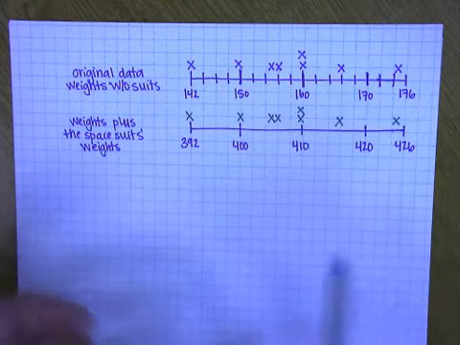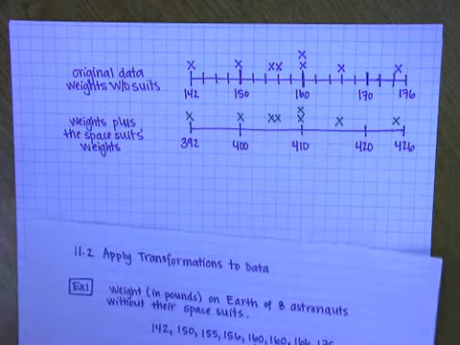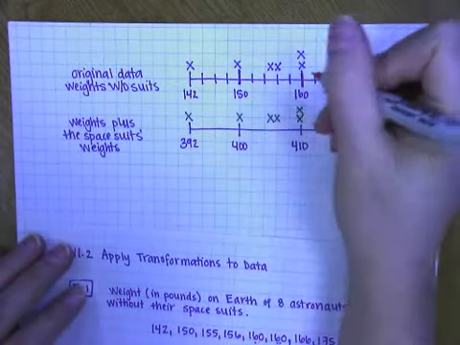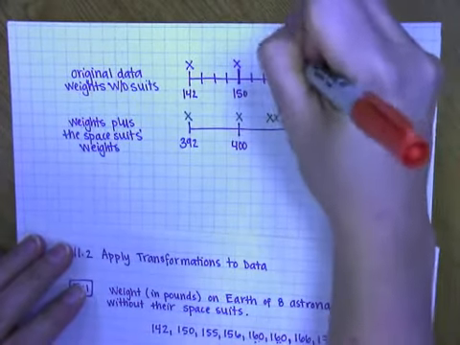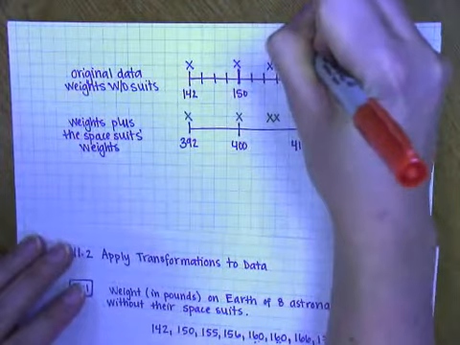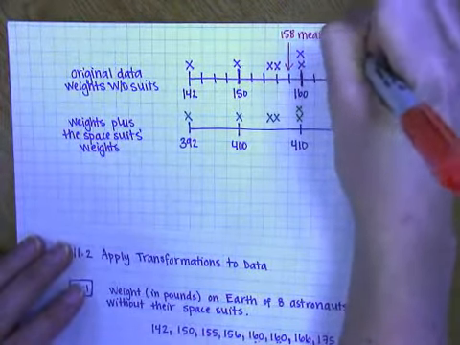Like they're still spread out in the same way. And so our mean for the first data set was 158. So I'm going to draw a little arrow in here. So this guy right here, 158, is our mean and our median.